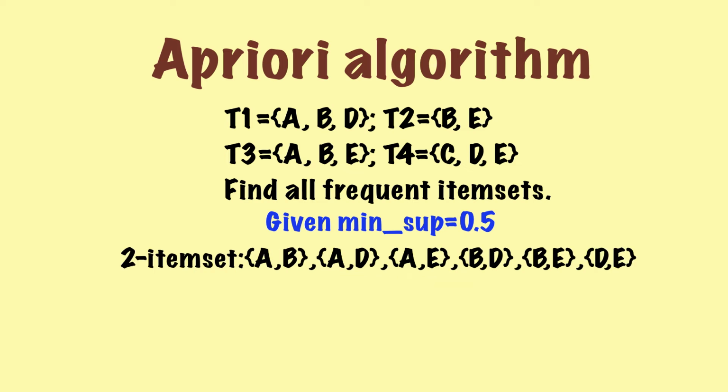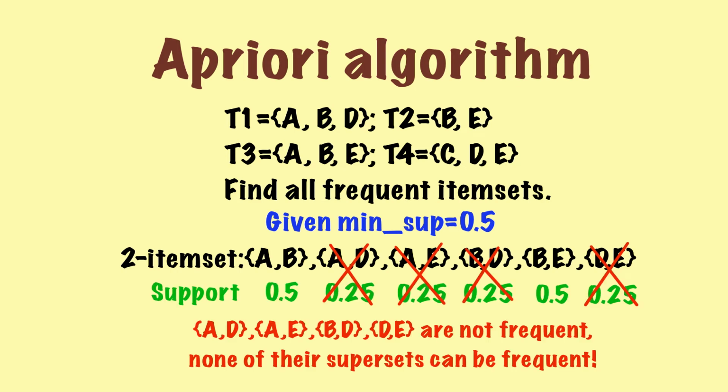Following this, we move on to the 2 item sets. These are basically the combinations of the frequent 1 item sets. So there is no C involved because the item set C is not frequent. Again, we calculate the support for each item set, and we cross out the non-frequent item sets. Only A, B and B, E are frequent item sets because their supports are at least the minimum support threshold.